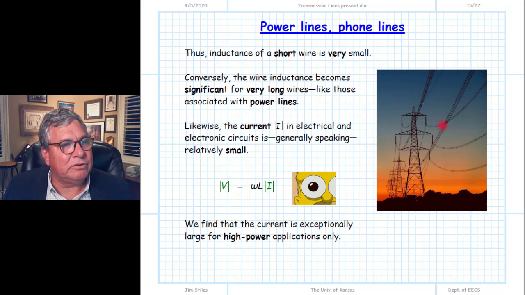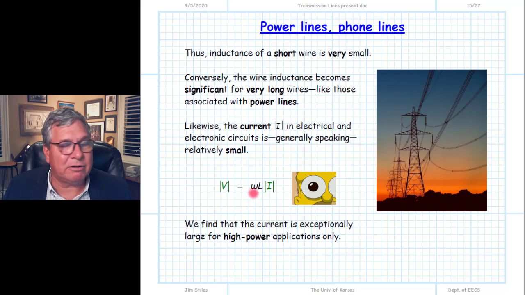In addition to the length of the wire corresponding to inductance, we also have to consider the magnitude of the current. How much current is flowing through those wires? Again, from the standpoint of power transmission, the current can be very significant. So with power transmission, we could have a large amount of current and a large amount of inductance.